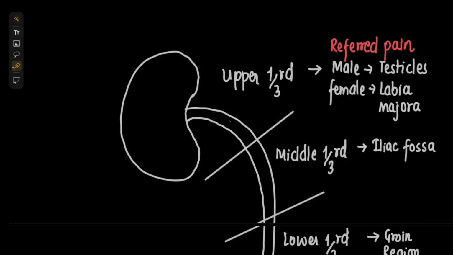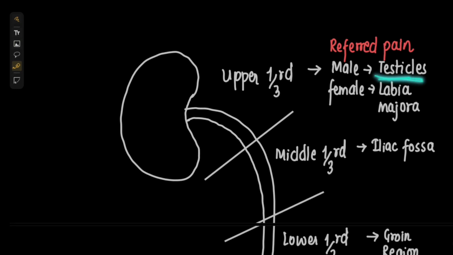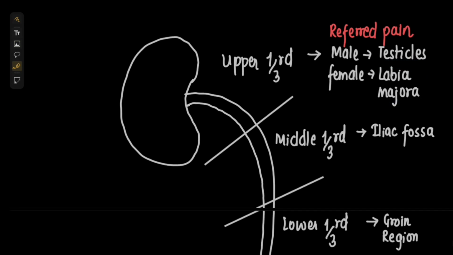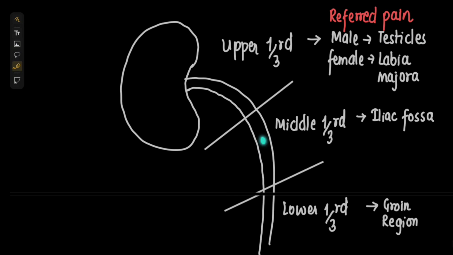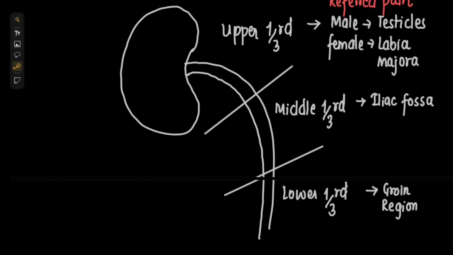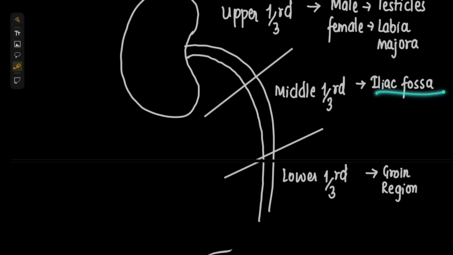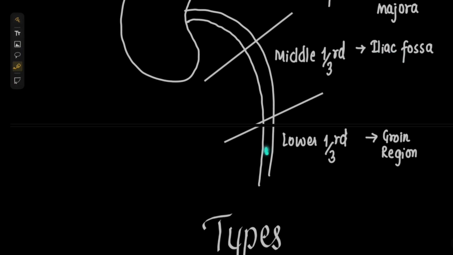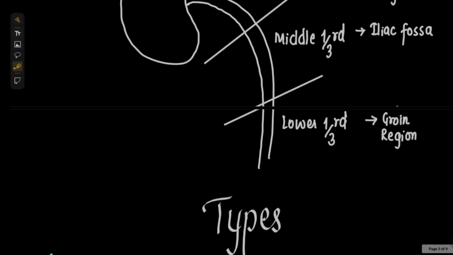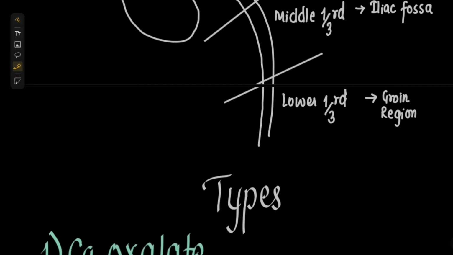If the stone is lodged in the upper 1/3 of the ureter, then the referred pain occurs to the testicles if the patient is male, and labia majora if the patient is female. If the renal stone is dislodged in the middle 1/3 of the ureter, then the referred pain occurs to the iliac fossa. If the stone gets dislodged in the lower 1/3, referred pain occurs in the groin region.